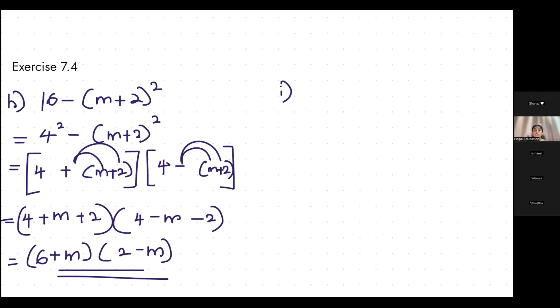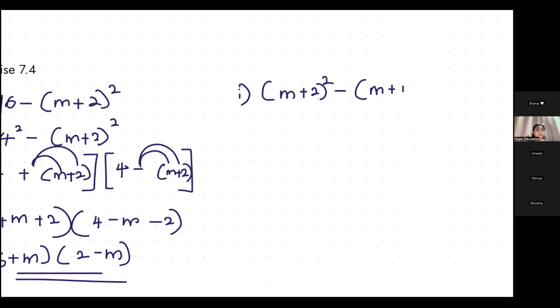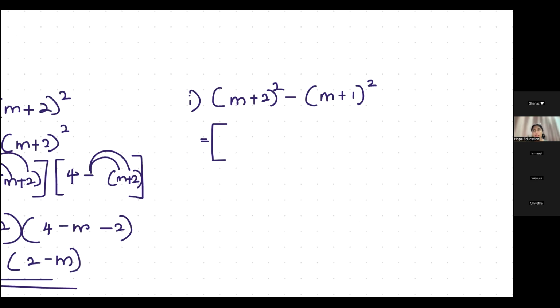(m plus 2) squared minus (m plus 1) squared. I'm going to open, these are anyways two square terms, so there's nothing much I have to do. So I will open two brackets.